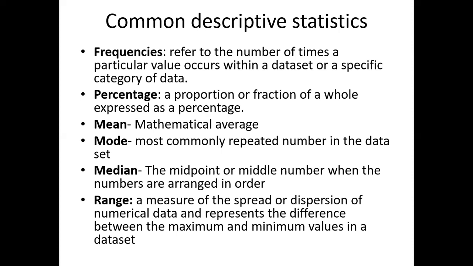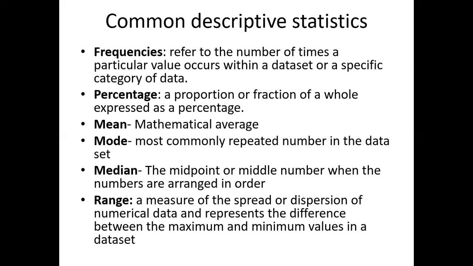So you have to take an average of that. Then the median is the midpoint or the middle number when the numbers are arranged in order. Remember that you have to always arrange it in order, descending or ascending, so that you can then look for the middle number. Do not pick the middle number from a haphazardly arranged data set.